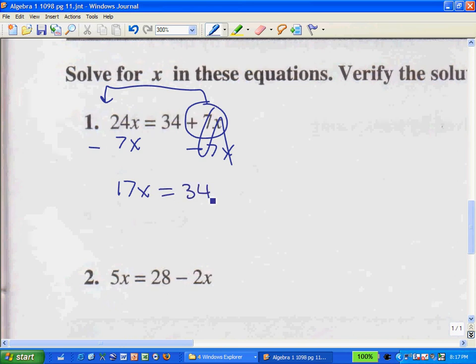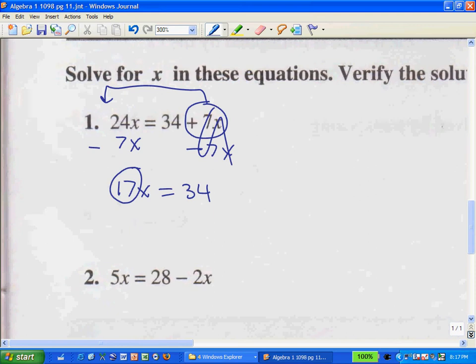Okay, now what do we do? I want to solve for x. So I want to get rid of this 17 here. Well, whenever you have a number next to x and there's no addition sign or subtraction sign separating the number from x, that means that it's 17 times x.